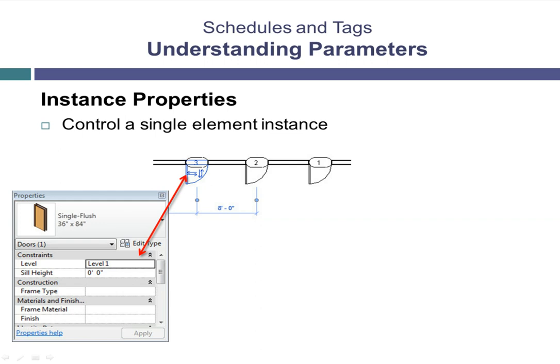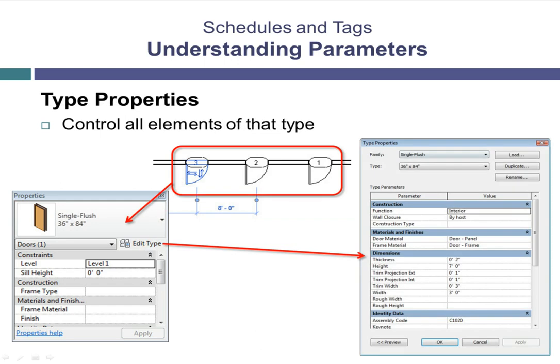In other words, when you modify an instance property for an element, you modify the property for that single element. Type properties, on the other hand, control the property for each element of that type. So if you have several elements of the same type inserted in a model, you can modify a type property to modify that property for all of those elements.